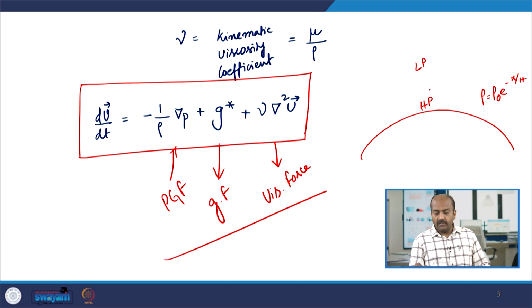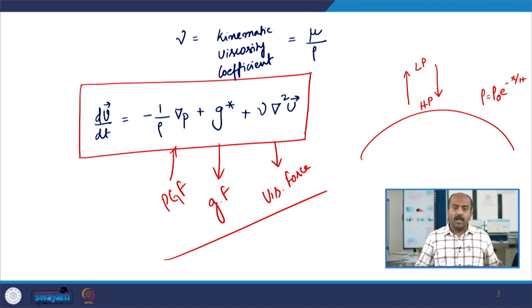Since there is a difference of pressures, there is a pressure gradient. The pressure gradient is in this direction, and ideally the fluid motion should be in this direction. So, naturally all the fluid should escape the planet, and the atmosphere would cease to exist, but it won't happen like that.